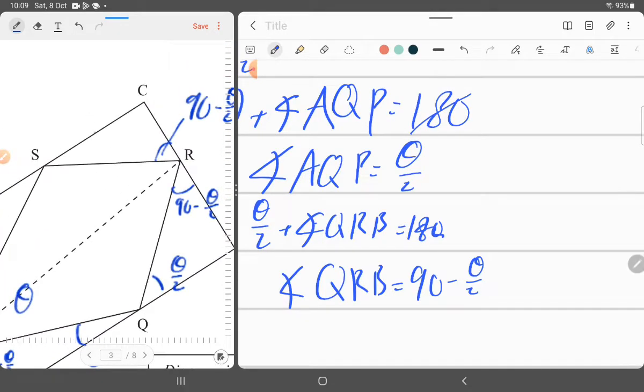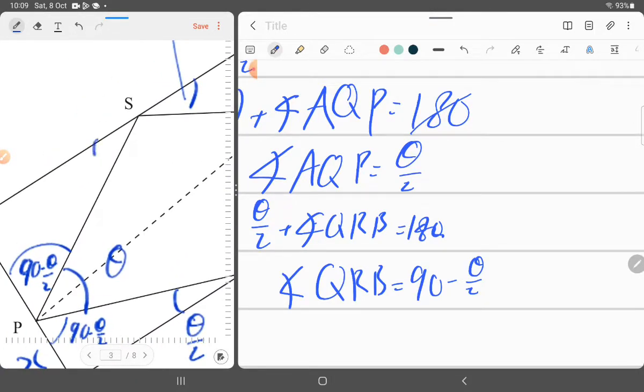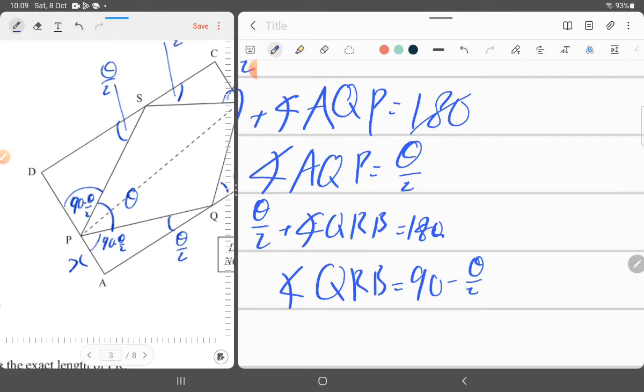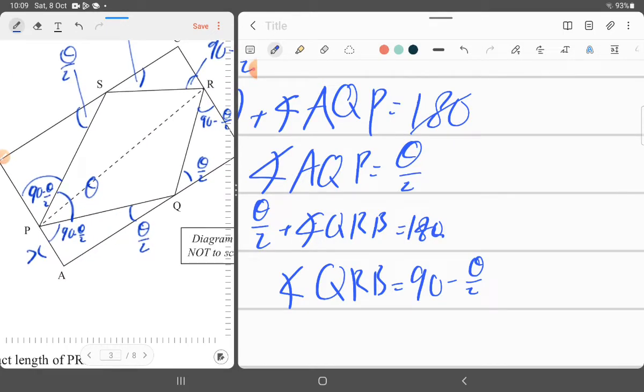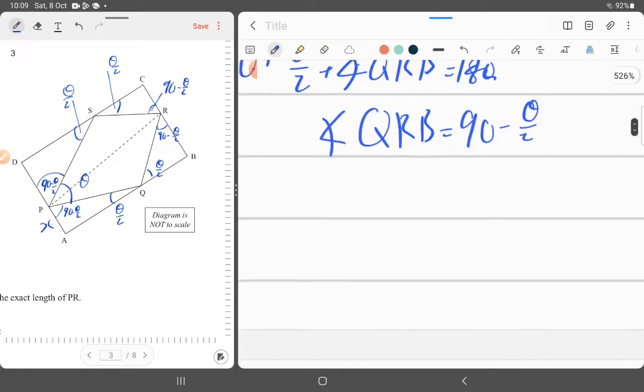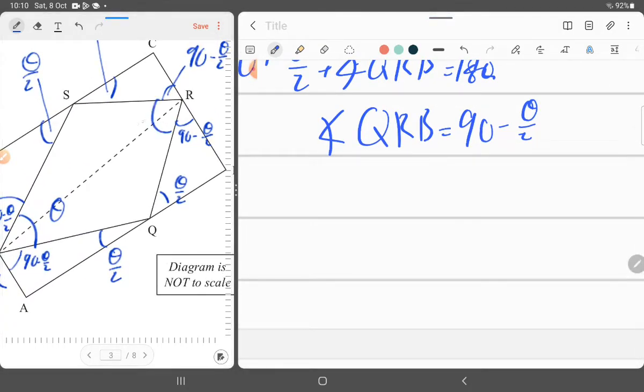Alright, this is also theta over 2. So this is also theta over 2. So right, I think this creates a parallelogram, so these two angles are theta. These two angles are 180 take away theta and 180 take away theta.